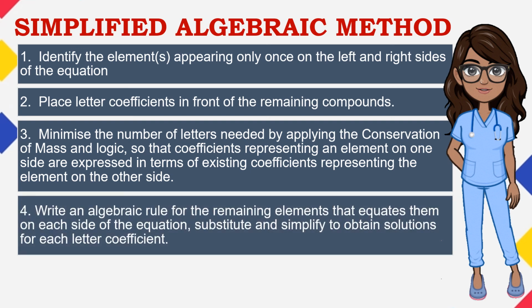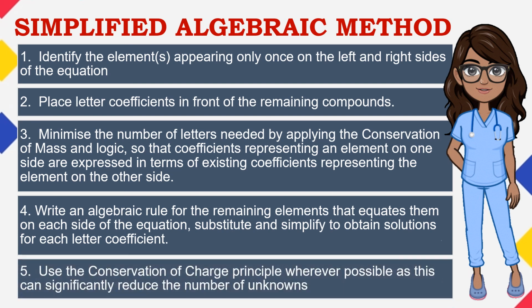Step 4. Write an algebraic rule for the remaining elements that equates them on each side of the equation. Substitute and simplify to obtain solutions for each letter coefficient. And lastly, use the conservation of charge principle wherever possible, as this can significantly reduce the number of unknowns.